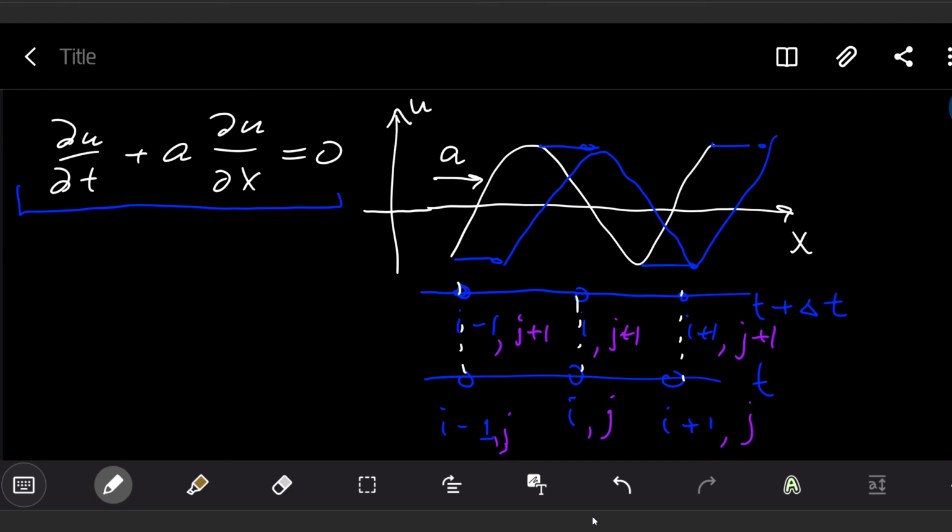In such a way, we can express time derivatives in different ways, but usually the simplest way to express this time derivative will be the following.